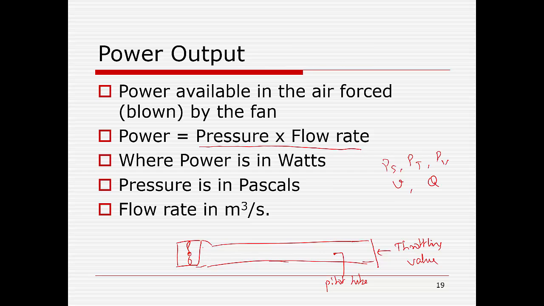Then we are going to repeat the steps by changing the throttling valve and get basically the fan curve, which is nothing but the flow rate and the pressure head, which is the static pressure or total pressure. And it's going to look like this.